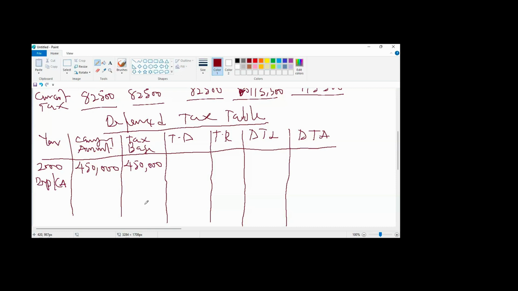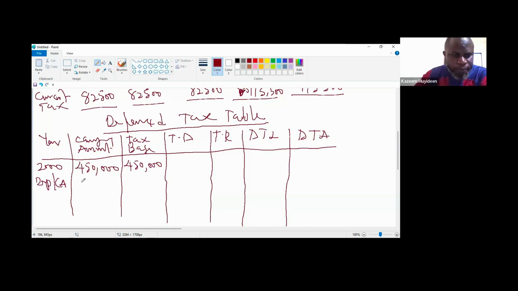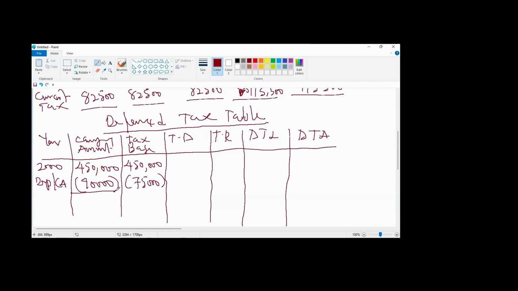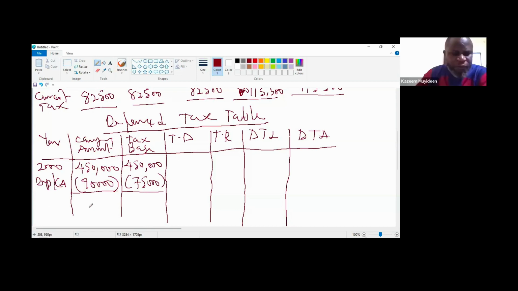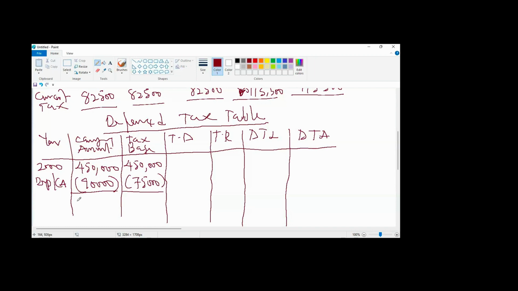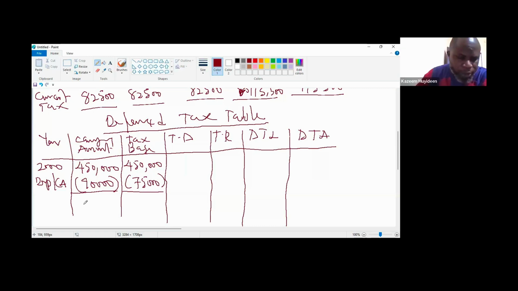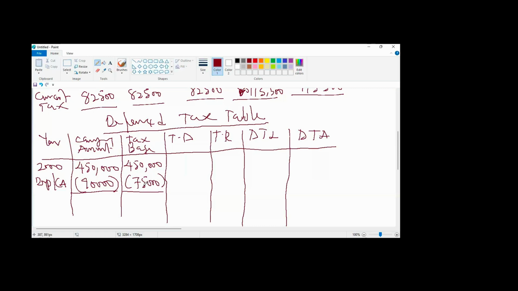I will remove the capital allowance of 90,000 from the cost, which gives 360,000.